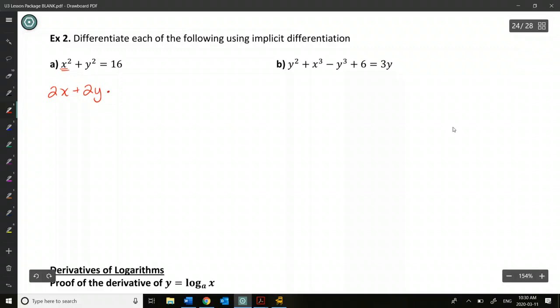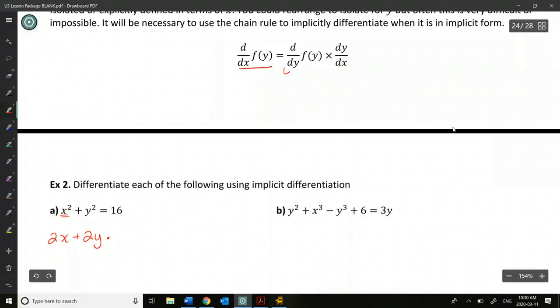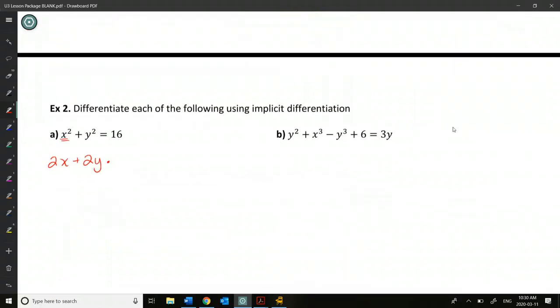But we also need to differentiate y with respect to x, which is basically just dy over dx. So we apply a little bit of a chain rule type thing where we multiply by the derivative of the inside. The derivative of y is dy over dx, the derivative of y with respect to x. And the derivative of 16? 0.